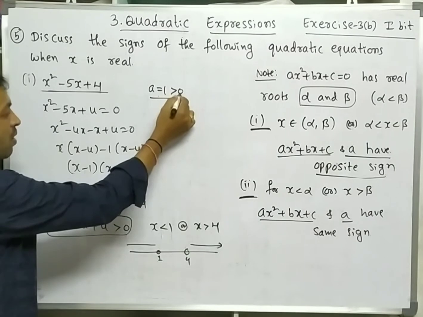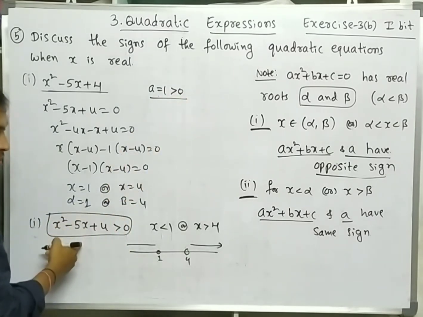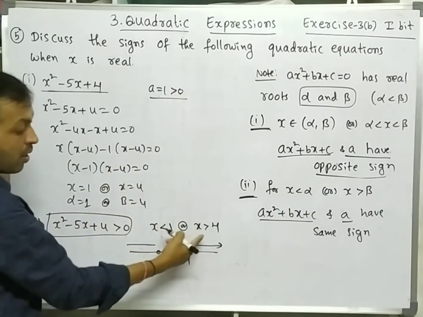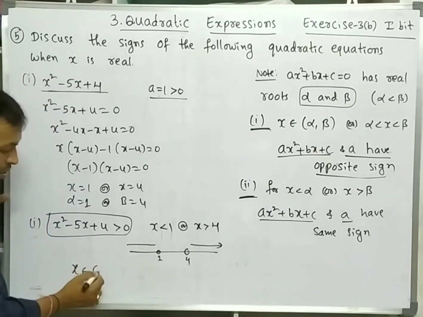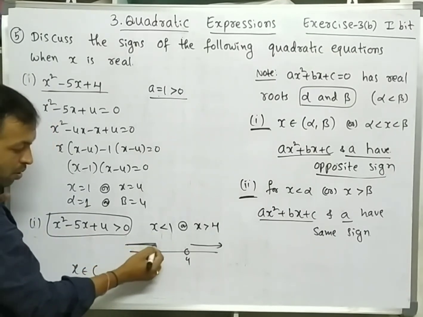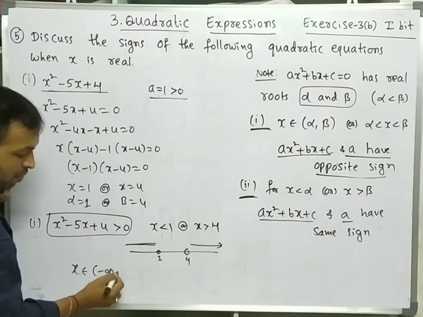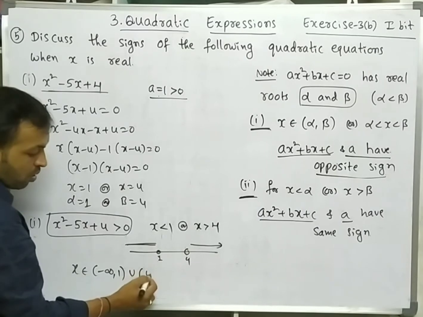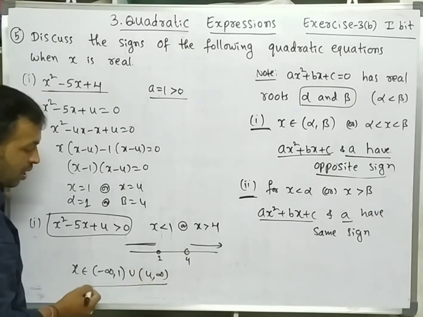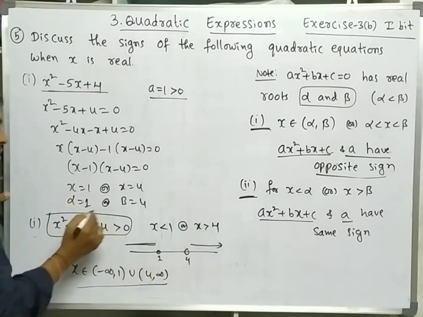Here a is equal to 1, which is positive, and this is also positive in this case. That means we can write x belongs to minus infinity to 1 union 4 to infinity. In this case this is positive.